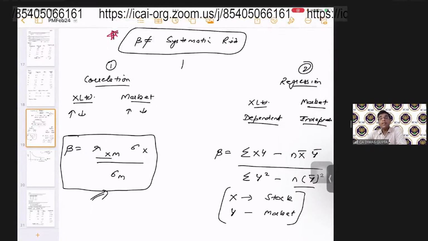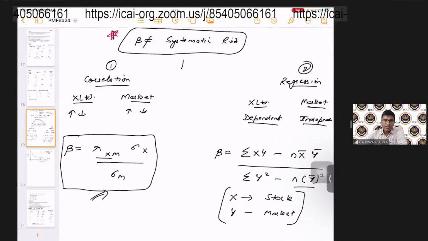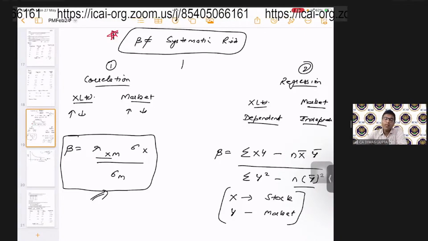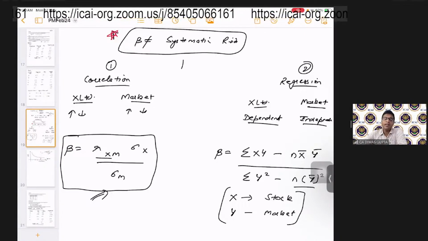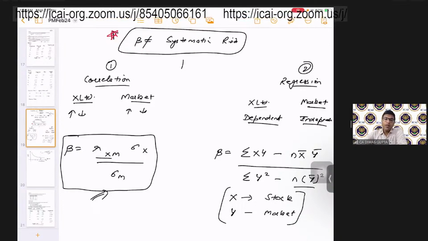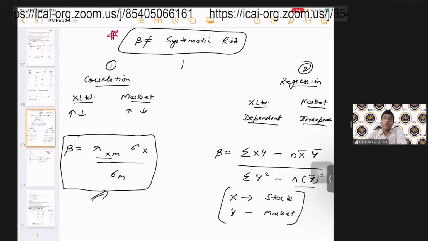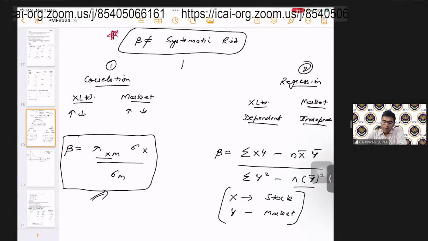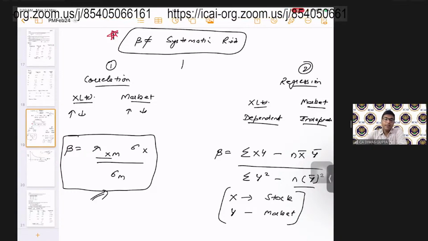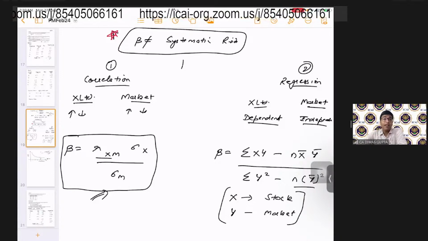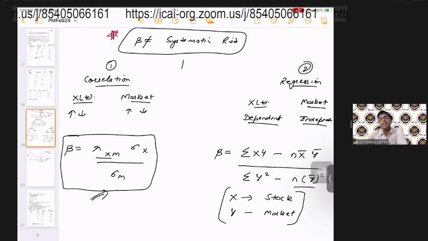Now, there are two ways to calculate beta. Let's first understand how to calculate beta. One is the correlation technique and the second one is the regression technique. In correlation, we make use of R, which is the correlation coefficient. If the market increases, X Limited also increases.